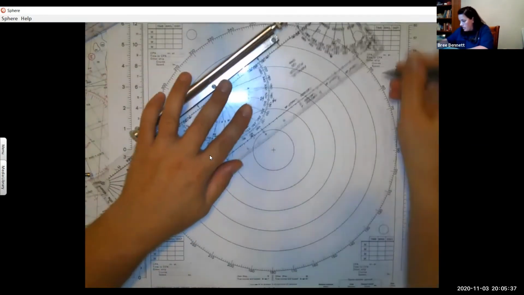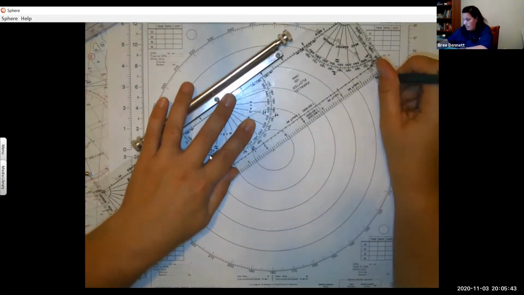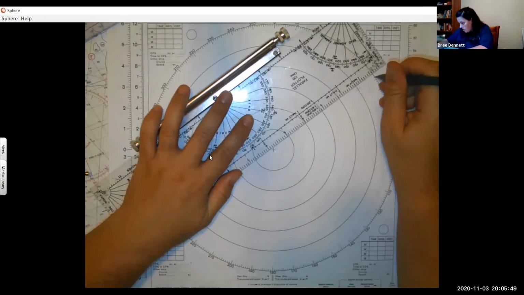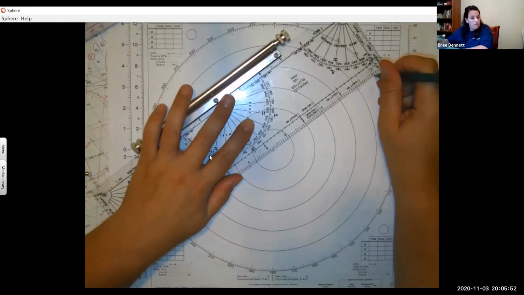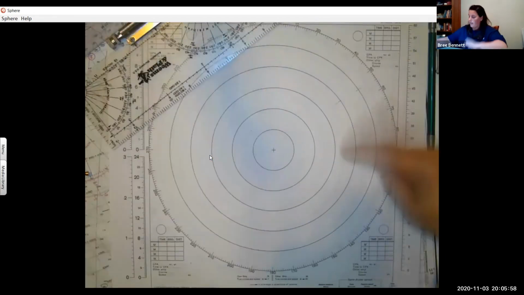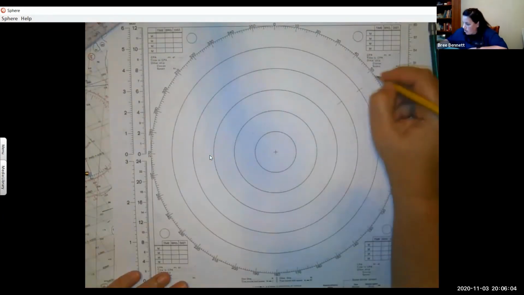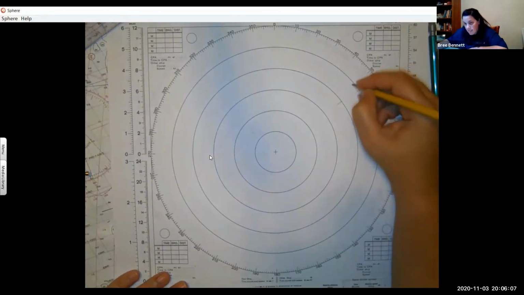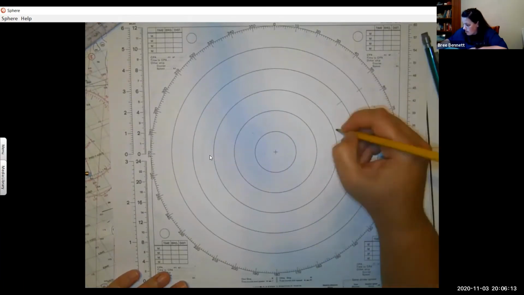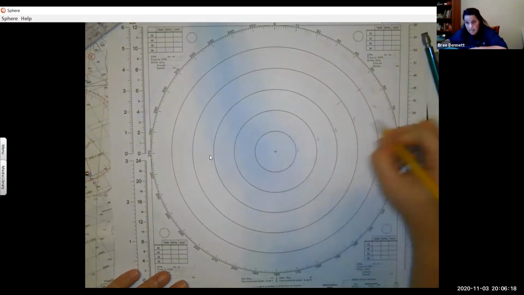So 0.54 at 10 and 0.53 at 7.9. You can see I didn't get my distance because it was 10 even. I know on the 12-mile scale, where it crosses this circle here is a 10. So this is 10, 8, 6, 4, 2, 0 on my distance scale.